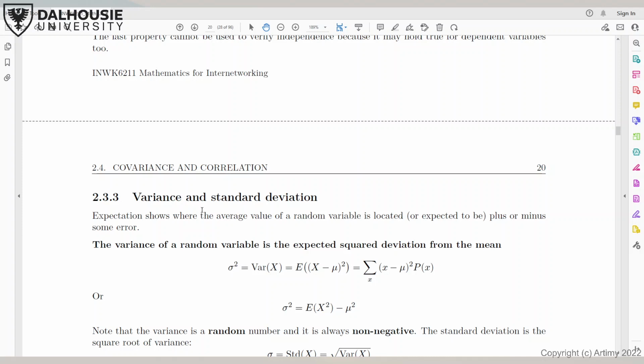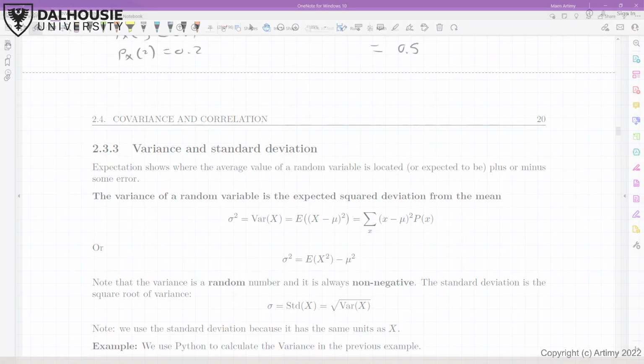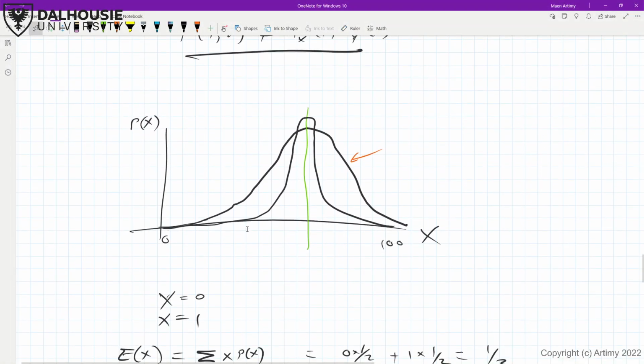The variance tells me more information, which is how far the marks, or the other values of the random variable, are from the expectation. So you could explain the situation with variance.